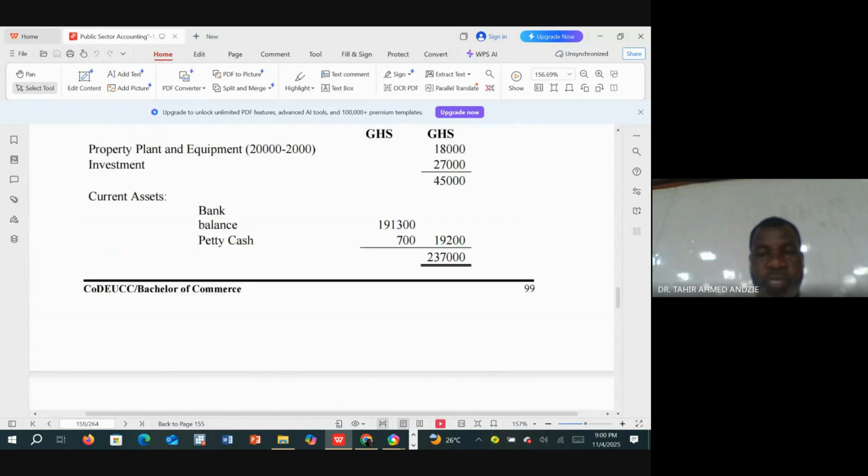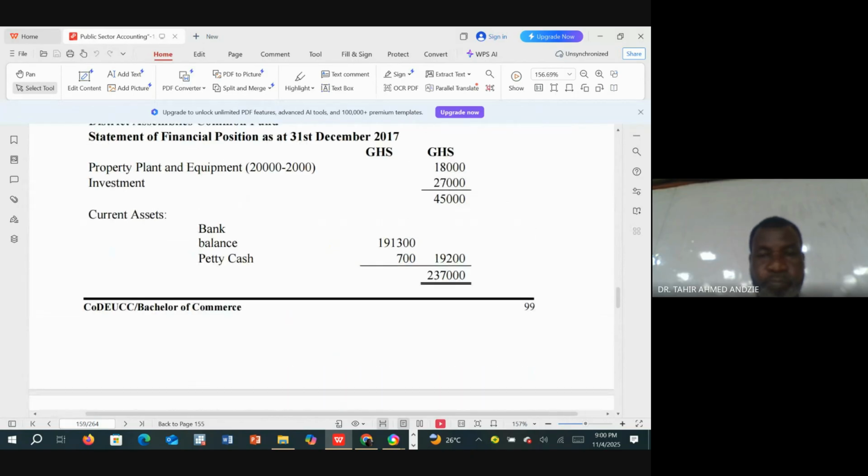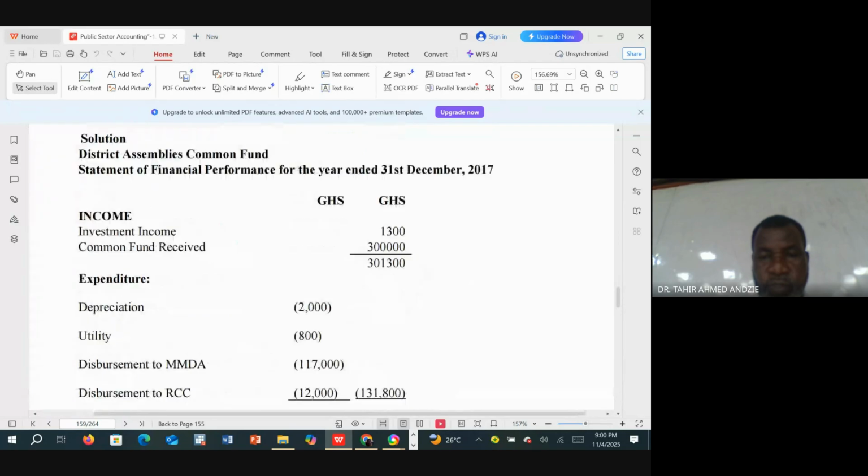So if you look at it, you have the property, plant, and equipment, which is the fixed asset. You take away current depreciation. Let me look at it.